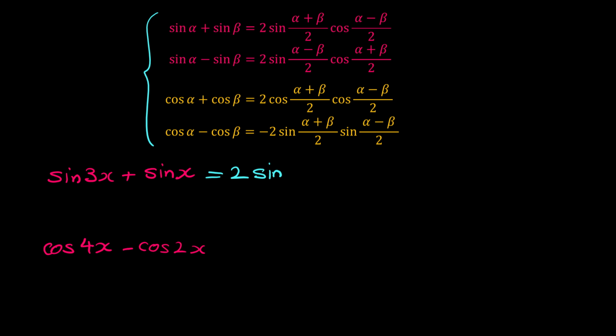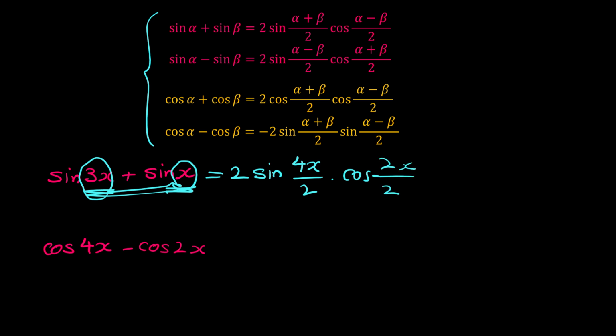So we have to add 3x to x. 3x plus x is 4x divided by 2. So 2 sine of 4x over 2 cosine of the difference of the angles, alpha minus beta over 2. 3x minus x would be 2x all over 2.